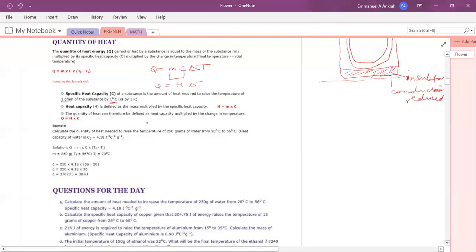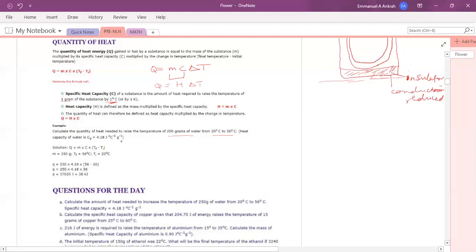So let's look at the first example. It says calculate the quantity of heat needed to raise the temperature of 250 grams of water from 20 to 56 degrees Celsius. The specific heat capacity of water is given as 4.18 joules per gram per Celsius.